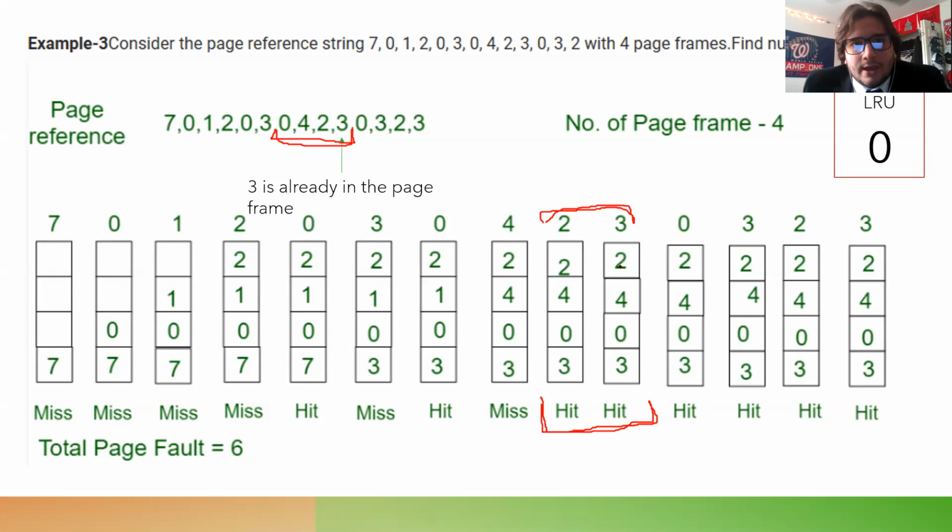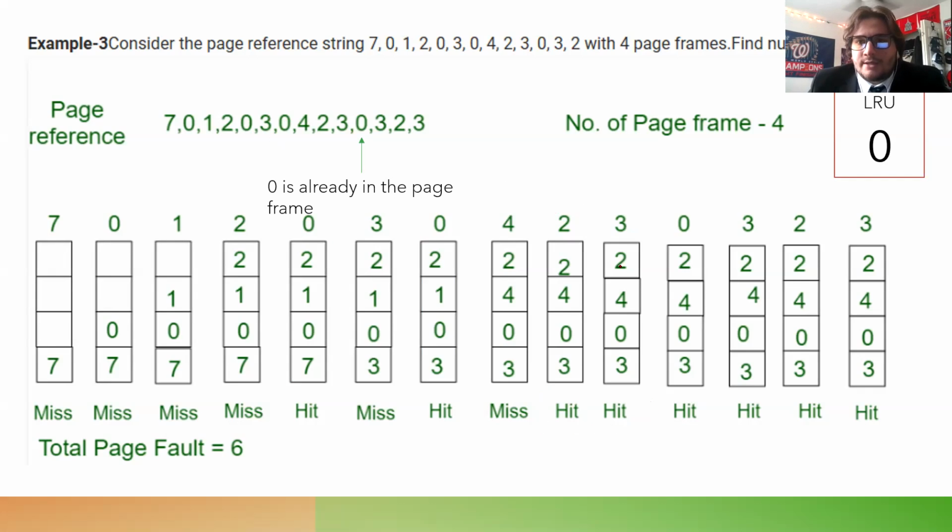All right, and literally the exact same scenario again. 0 has to be put in, but it's already in, so now we have to update the least recently used. Let's see with these 3 right here. Nothing in any of this changes, but we have to update the least recently used to 4, because 4 is the least recently used.